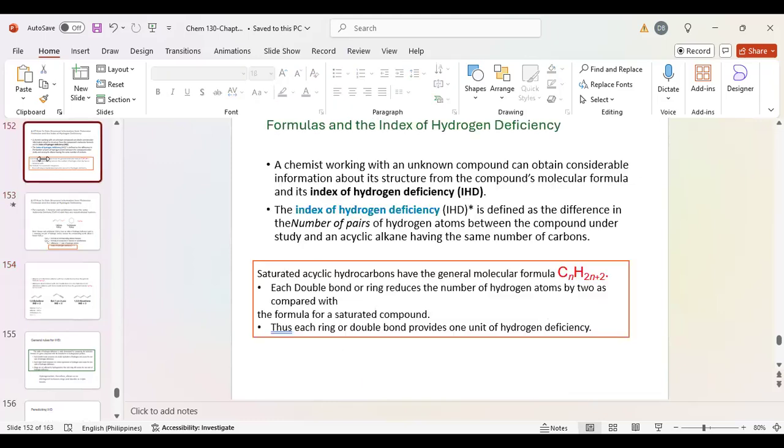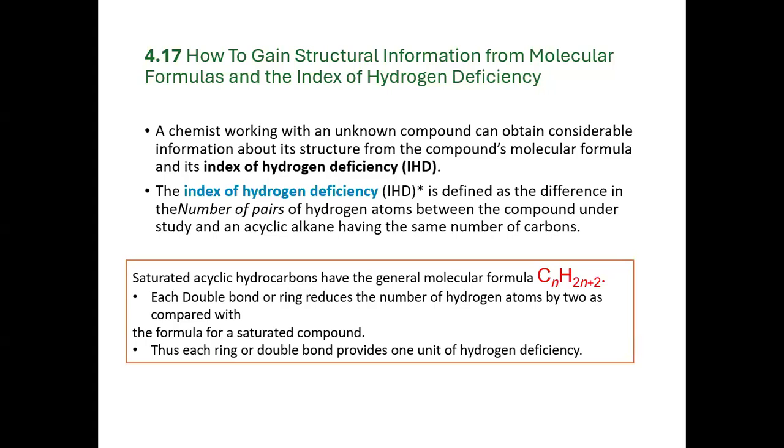So the general rule here is that each double bond or ring reduces the number of hydrogen atoms by 2 as compared with the formula for the saturated compound. Again, the IHD is defined as the difference in the number of pairs of hydrogen atoms between the compounds.